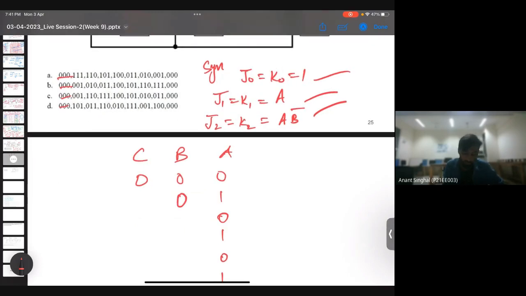Then J2 and K2 is A B bar, so it will also be 0 and remain the same. Is this step clear? Here J1 and K1 are 0 and J2 and K2 also are 0, from the previous state. We have just used these expressions. Is it clear?